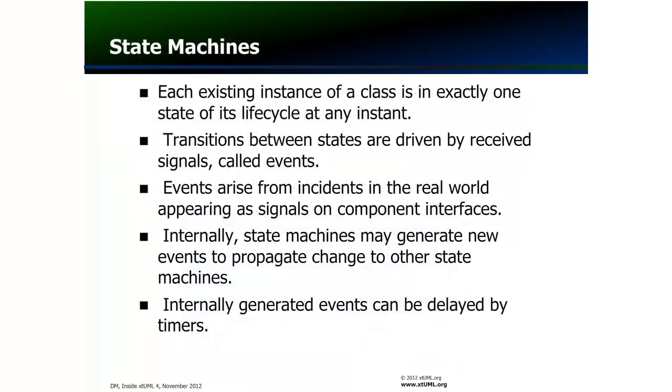In an xtUML model, the state of the component is distributed across the state machines within the class instances that exist at that moment. For a particular state machine, state transitions are driven by events received by that instance, and events can originate with activity from within the instance, from related instances, or from port messages received from other components.